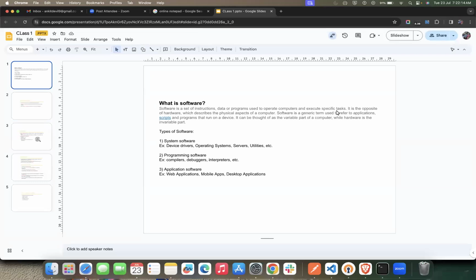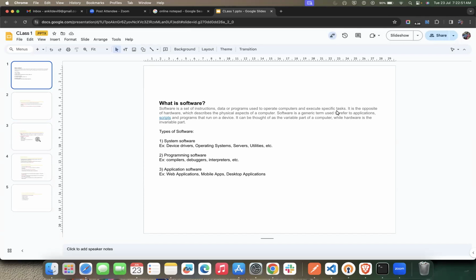I think some of you might have smart TVs in your home, or a normal TV as well that has a menu. Yes, I do have a smart TV. The menu that you get on the TV, you click a button and the volume increases, you click a button, the channel changes. Everything happens through that software part only. Okay.